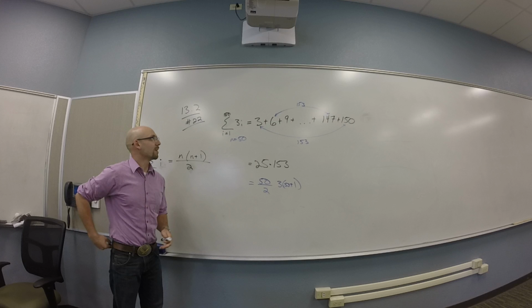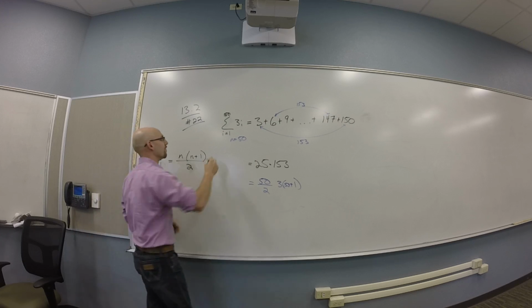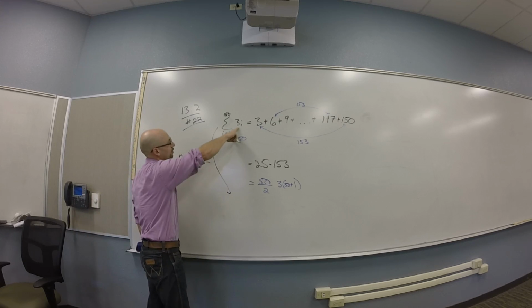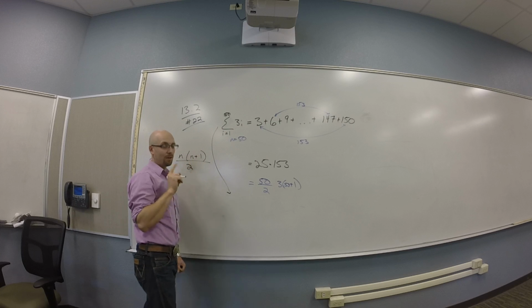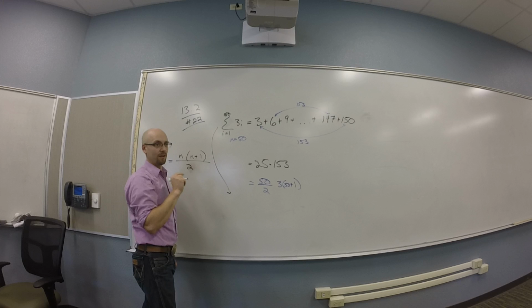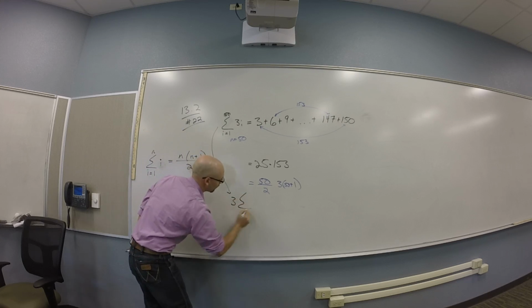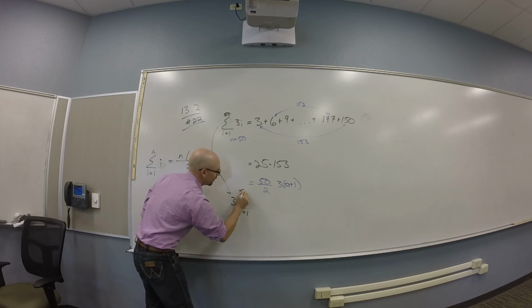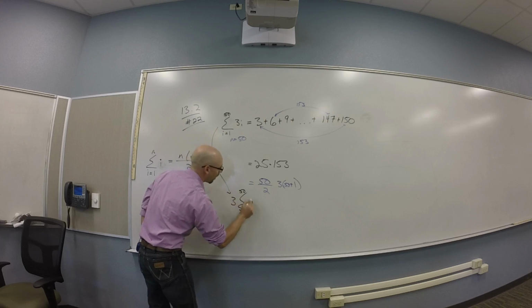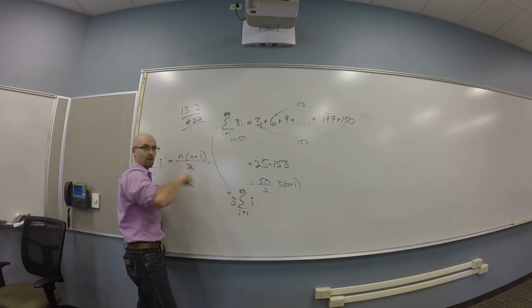So a thing you could have done is you could have said, oh, hey, the 3 there doesn't depend on i, and it's just multiplied, right? So I could do 3 times the sum from i is 1 to 50 of i. And then you could use the formula.